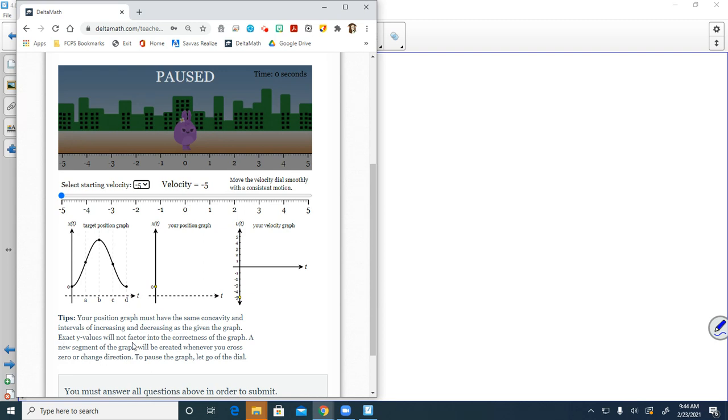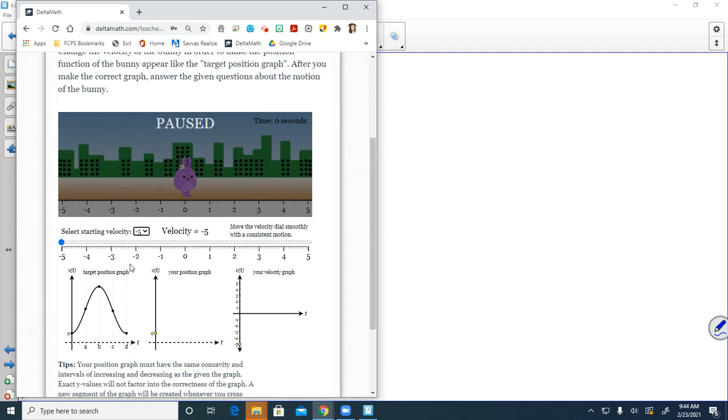The exact y values won't factor. So all I have to do is make my graph go concave up and then concave down and concave up. And I also have to make my graph increase and then decrease. Not really concerned about the y values. So let me just try and see what happens if I try to do this on my own.